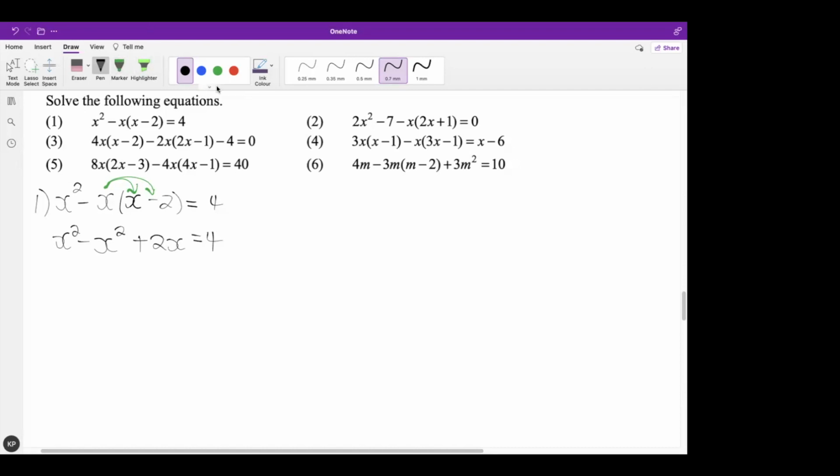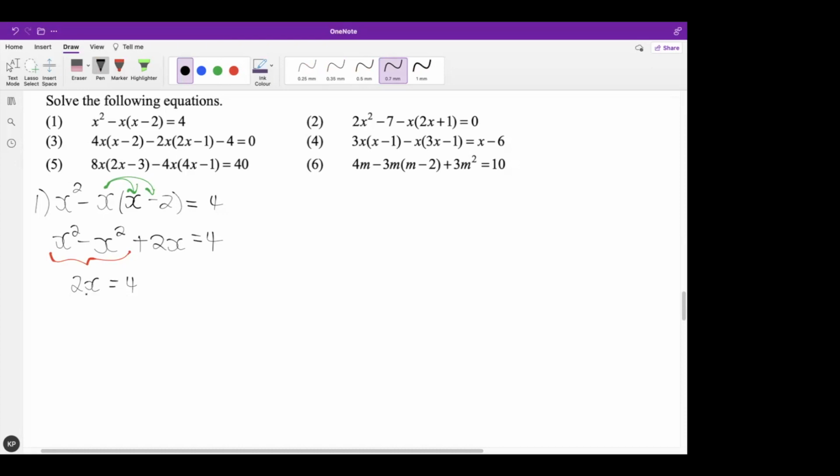What's going to happen with my x squareds? I have an x squared minus x squared. What is x squared minus x squared? They're gone, right? It's 0. The answer is 0. So then I'm left with just 2x on my left-hand side is equal to 4.